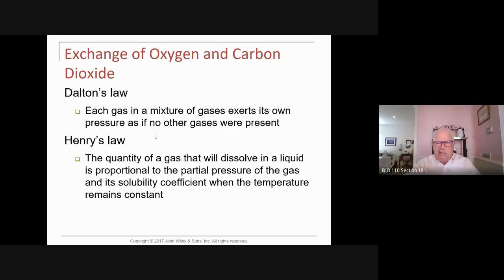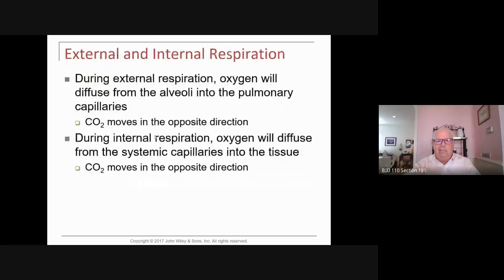All right, let's continue. Let's now talk about external and internal respiration. External respiration is when oxygen diffuses from the alveoli into the pulmonary capillaries. This is now at the alveolar level.